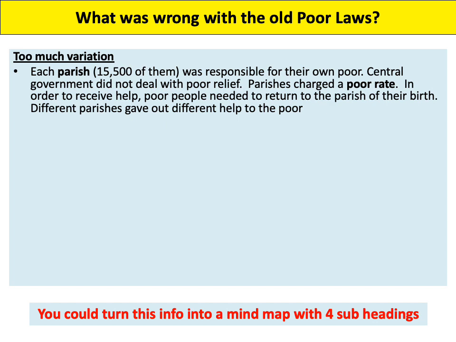In order to pay for it, as we already know, because we looked at this last lesson, parishes would charge a poor rate. And in order to receive help, you had to go back to the parish you were born in. And that comes through, if you think back to the timeline you did at the start of the lesson, in the 1662 change to the Poor Law, where they talked about the settlement of labourers.